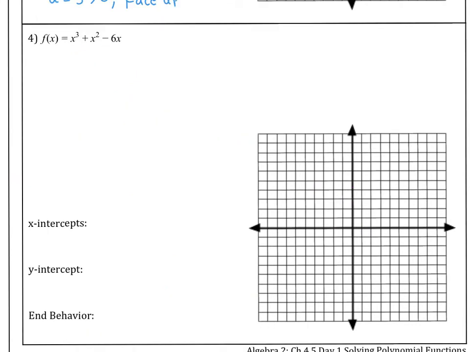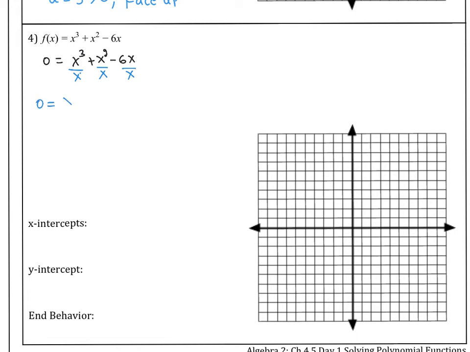Next is question number 4, and we are going to find the zeros first. So you're going to plug 0 for f of x, and now you're going to find out the factor that is common monomial. So the common monomial is x, so you're going to divide all terms by x.